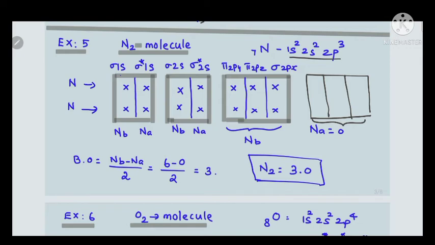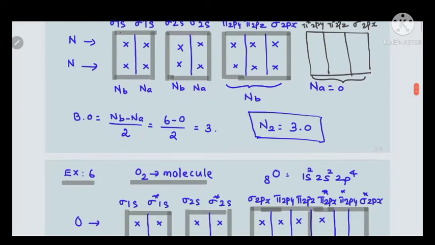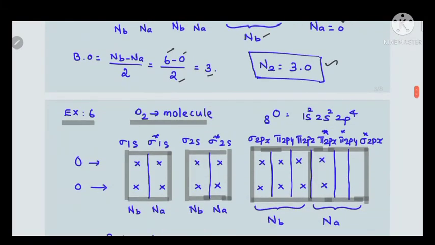This is pi star 2py, the next one pi star 2pz, the last one sigma star 2px. Now let us substitute in the formula, bond order Nb minus Na by 2. The number of electrons in the bonding molecular orbital is 6, Na is 0, so 6 minus 0 by 2 gives 3. Therefore the bond order of the nitrogen molecule is 3.